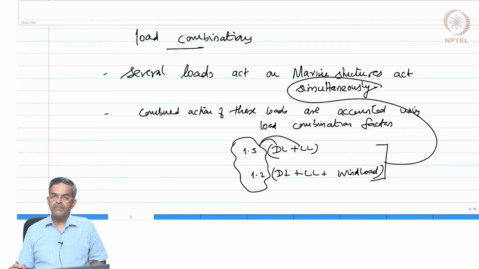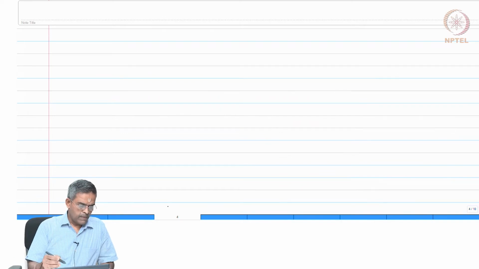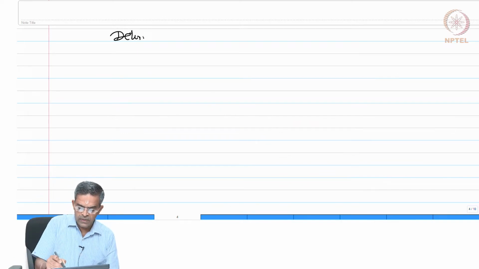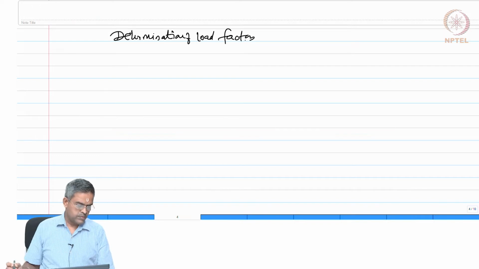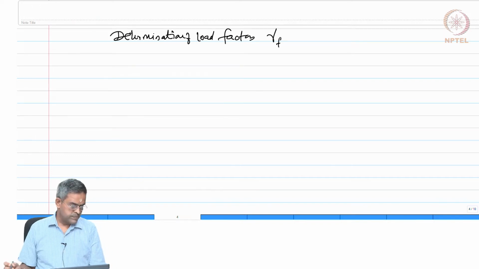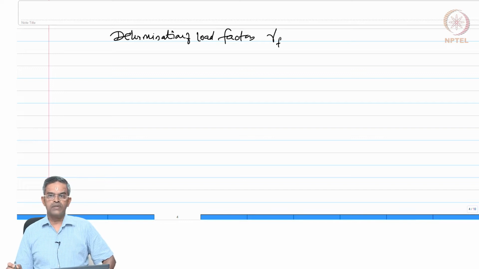So, now when we talk about the estimate of load factors, the combination effect should also be considered. So, determination of load factors gamma f. In fact, we already saw gamma f has 3 different components which are actually not explicitly given in many codes, but still it has an inherent representation of different factors as we discussed in the last lecture.